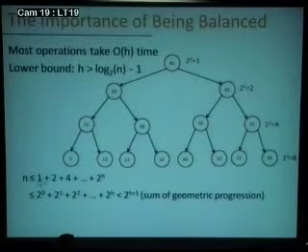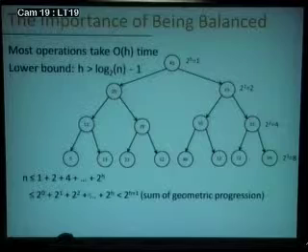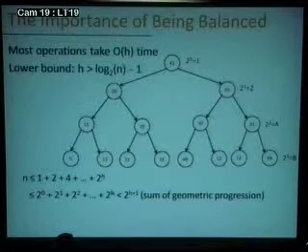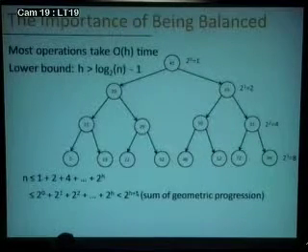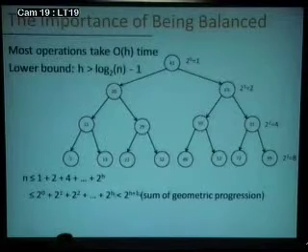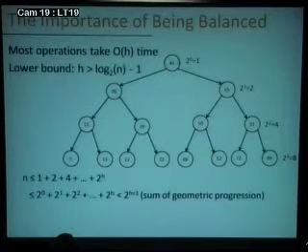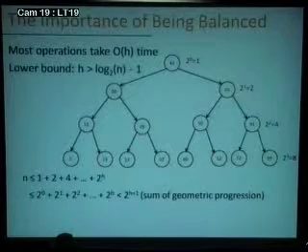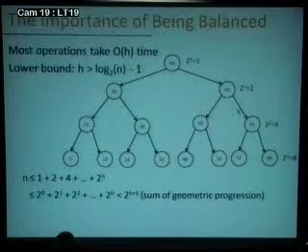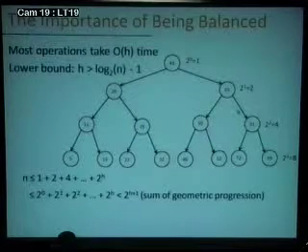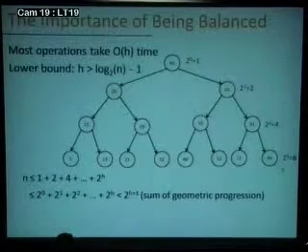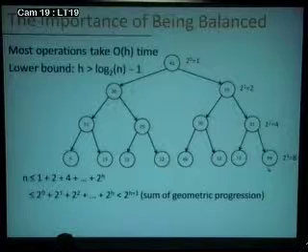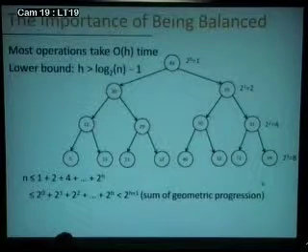This can be rewritten as a sum of geometric progression, 2 to the power h plus 1. Right? Can you see that? 1 plus 2 plus 4 plus 8, you sum them together, is 15, right? It's 1 less than 16. The next layer, if you draw another 2 for each leaf here, is 31.